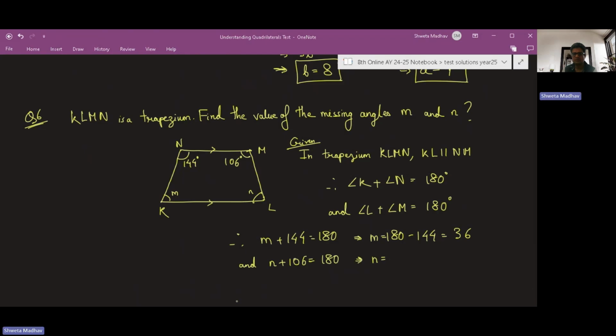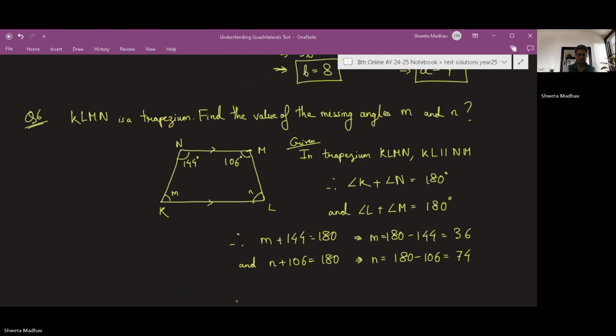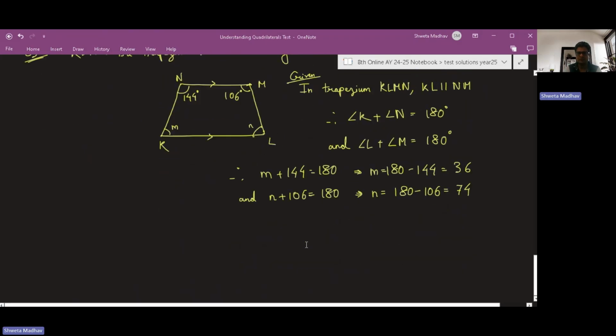So hence N is equal to 180 minus 106. So this will be equal to 74.